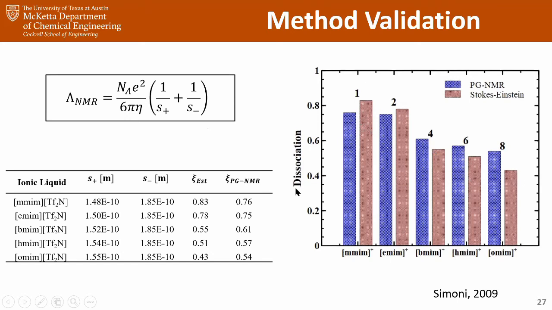And you can see that the values are all within about 10% or even better sometimes of the values from the NMR. And from our experience, the uncertainty in those NMR diffusivity measurements is probably not a whole lot better than 10%. So it seems to us that not only is the trend good, but quantitatively, this is a pretty good estimate of this ionicity.